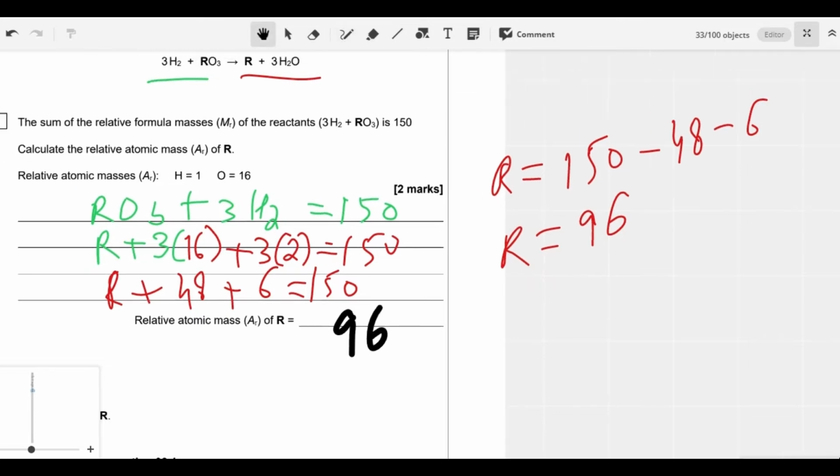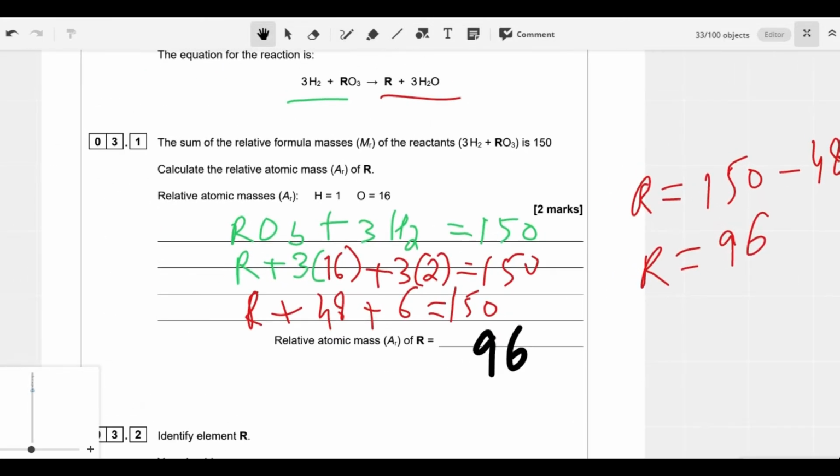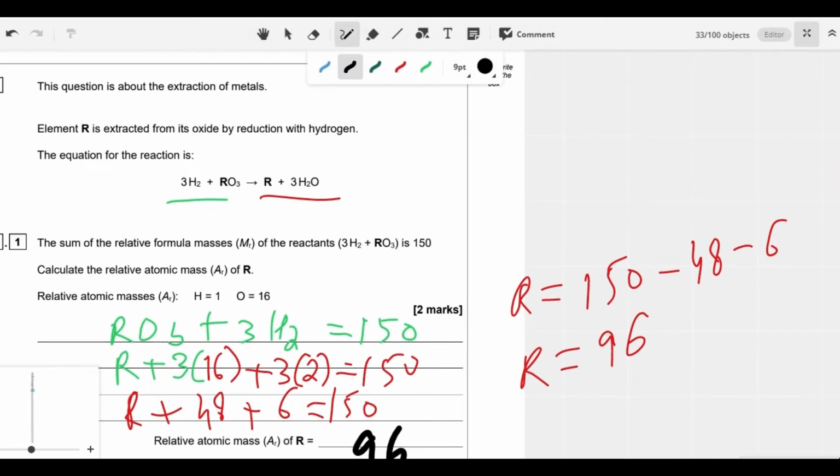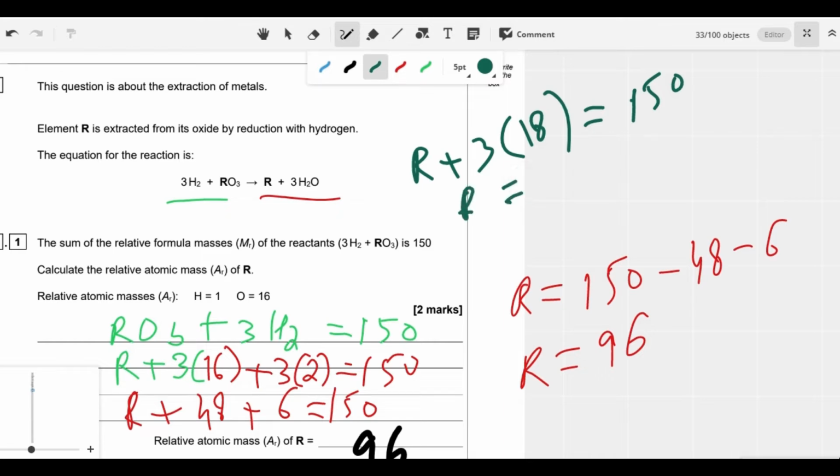Or you can use the products, for example 3 moles of water plus R, which indicates the same thing. Here R plus 3 times 18 is equal to 150, and R is equal to 150 minus 54, that equals 96.